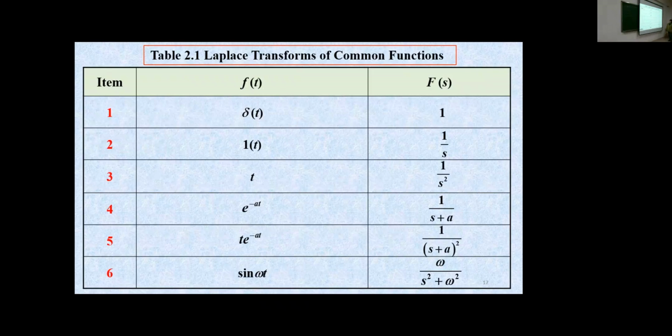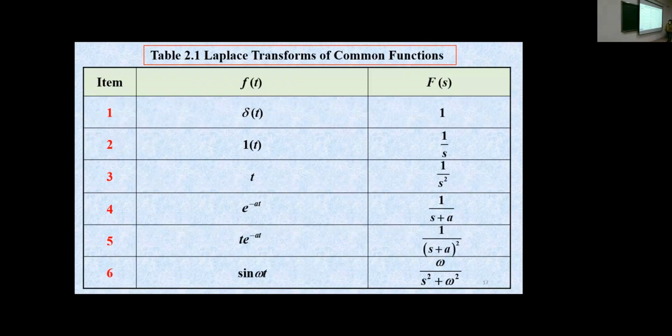Number 1, the impulse function, delta of t. You use delta of t to describe a function, so this function has a name, the impulse function.